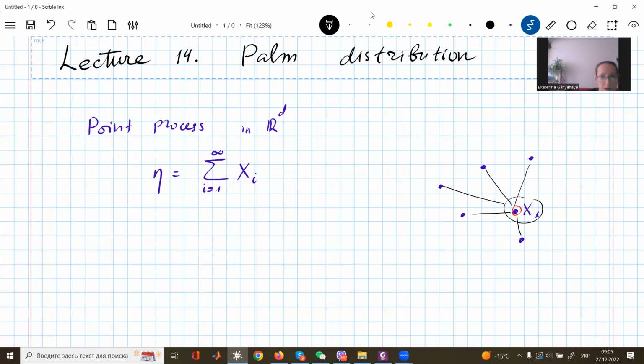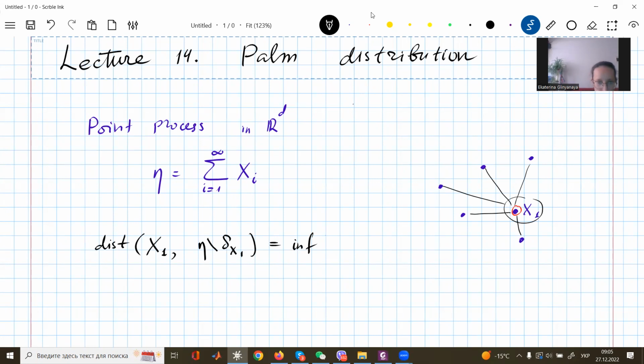But the approach in investigation of such a problem: let me write the distance from a random point, let me fix x1, to other points. So I will write the point process without this point x1. So this will be the minimum distance.